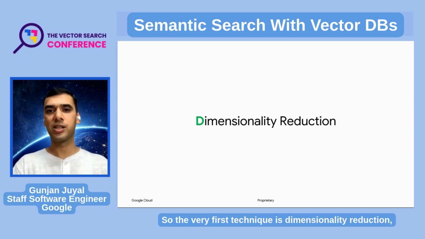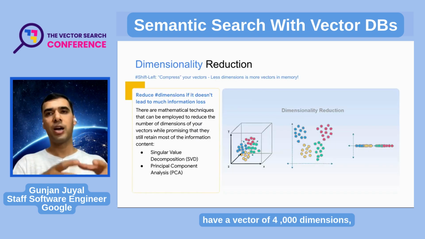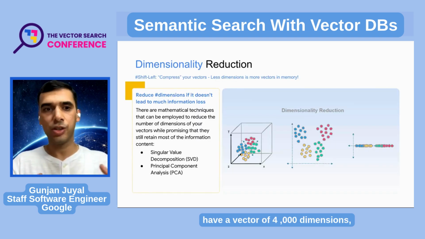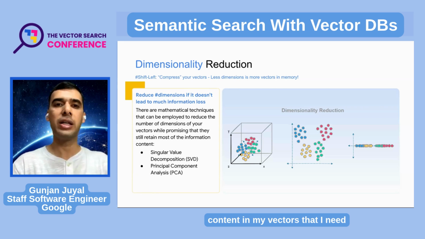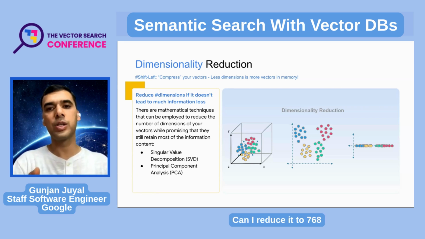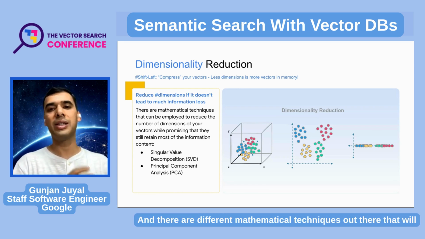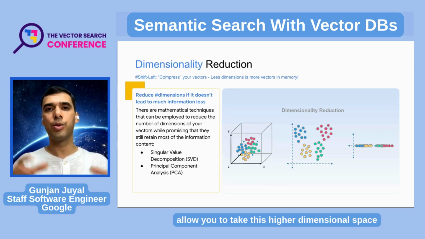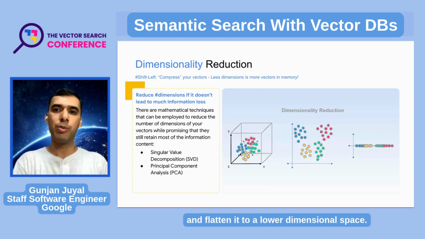So the very first technique is dimensionality reduction, which essentially means that if you have a vector of 4,000 dimensions, you should ask, do I really have that much information content in my vectors that I need 4,000 dimensions? Can I reduce it to 768 or even 100 dimensions? There are different mathematical techniques that allow you to take this higher dimensional space and flatten it to a lower dimensional space.